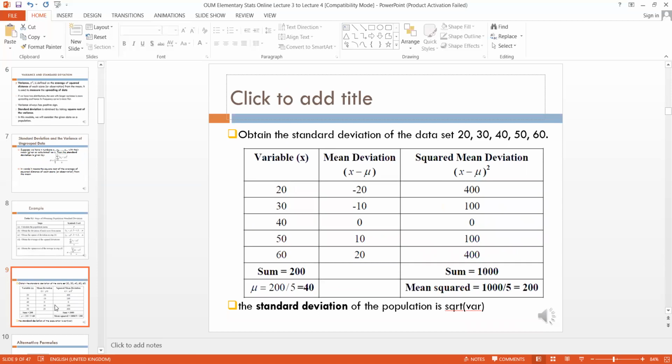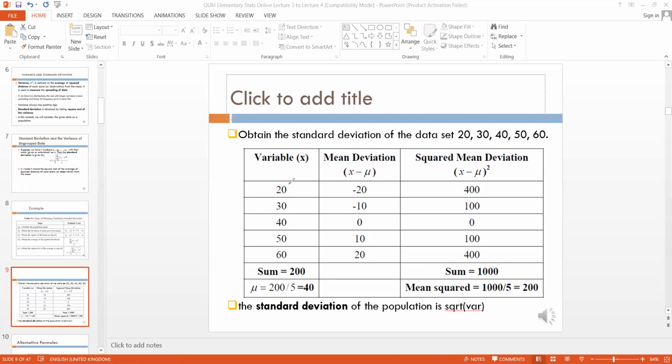So as an example, we have to obtain the standard deviation for this ungrouped data. First step, you rewrite your observations. We have 5 observations: 20, 30, 40, 50, 60.